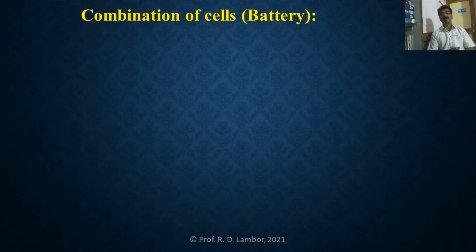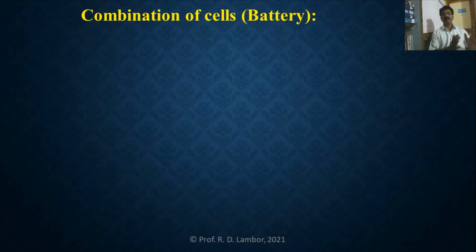So in this lecture, we want to learn combination of cells. When two or more cells are combined, we get a battery. So a battery is nothing but a combination of two or more cells.